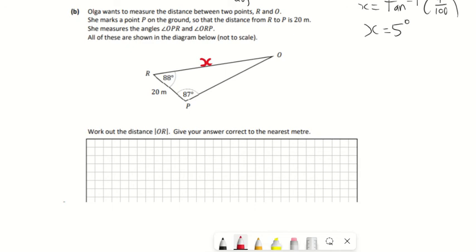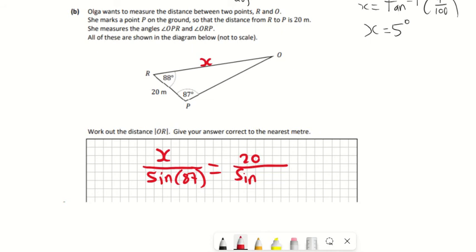We take any side, so either the 20 or the x first. We'll take the x and put it over sine of the angle opposite, which is 87. The sine rule says that has to be equal to any other side, so I'm going to take 20 over sine of the angle opposite that.